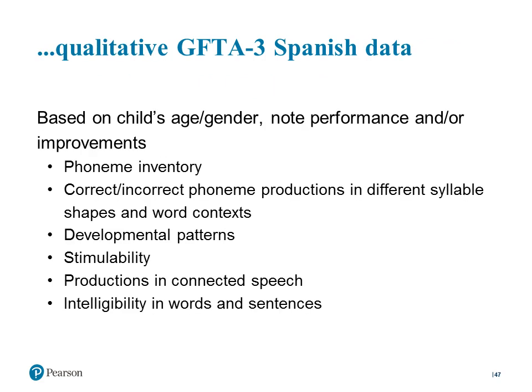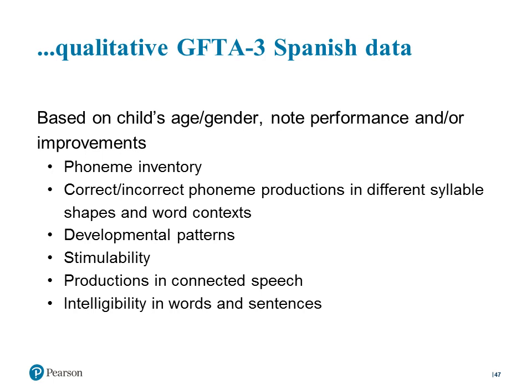You can also use qualitative data obtained with GFTA-3 Spanish. Based on the child's age and gender, note their performance and or improvements during the assessment or in conversation. Collect a phoneme inventory to find out what sounds the child is or is not producing. Analyze correct and incorrect phoneme productions in different syllable shapes and word contexts.